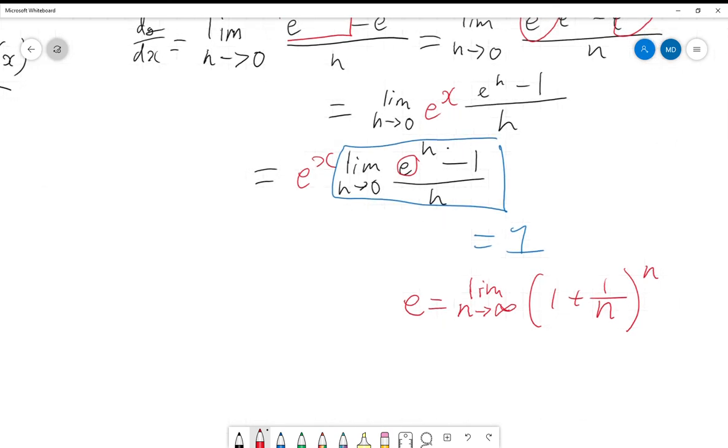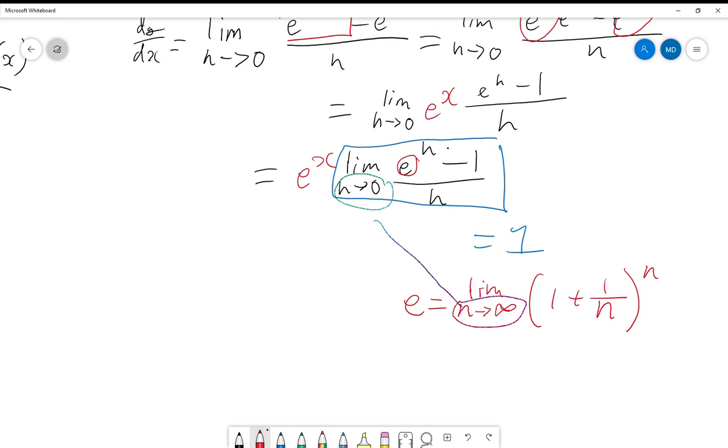Now this seems like it's going to be great because we've got two limits here, but notice that our limits here and our limit here are not the same. One is h tending to 0, one is n tending to infinity.